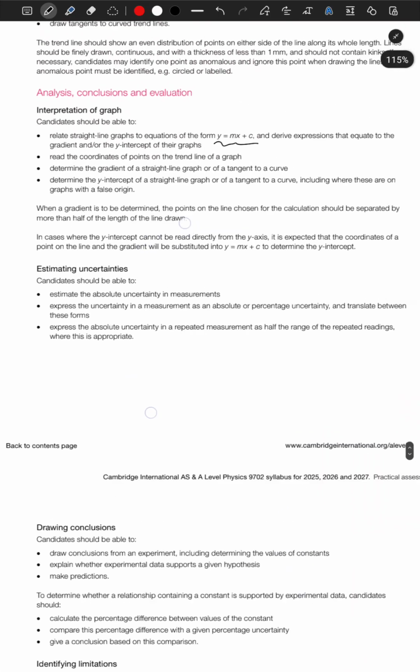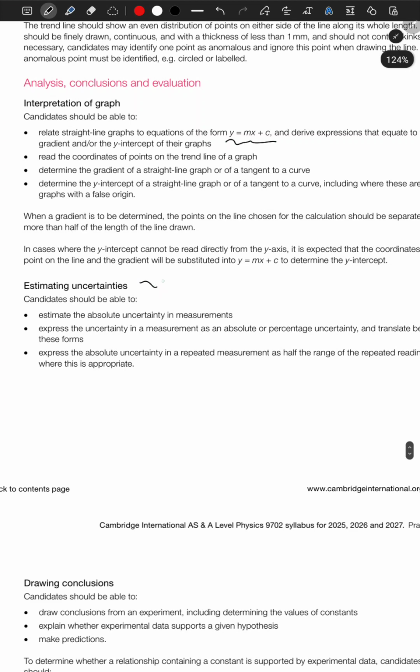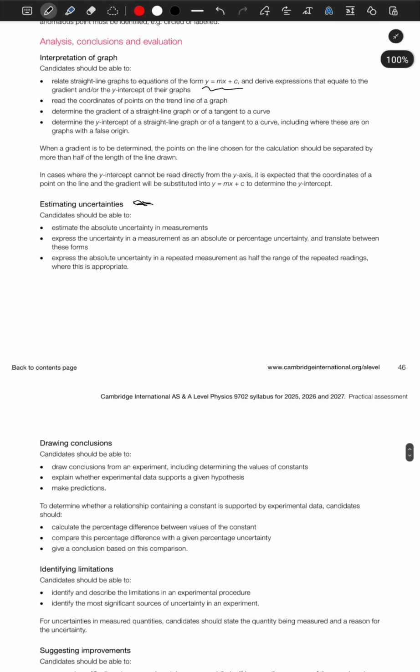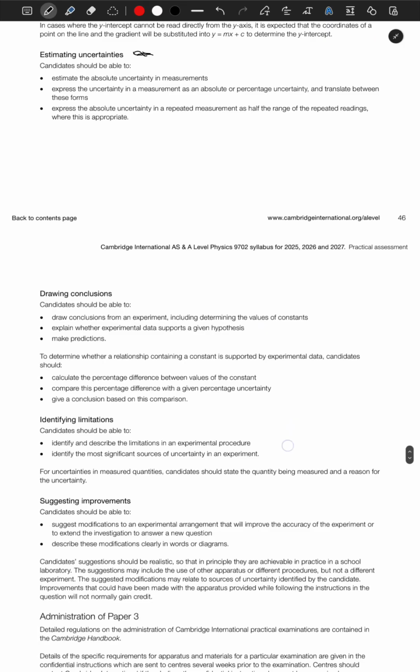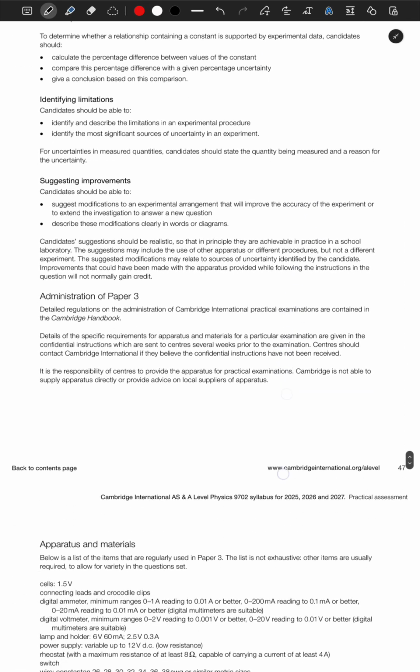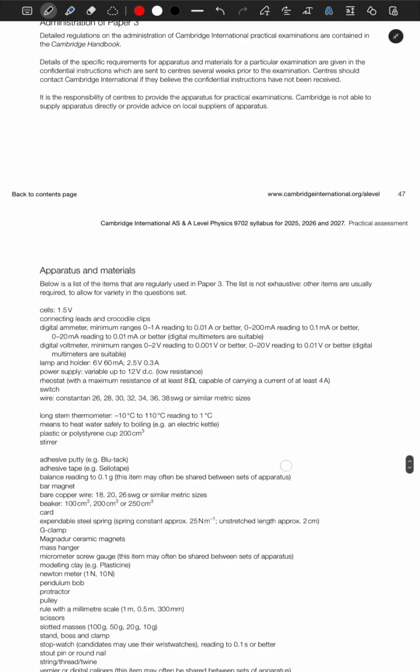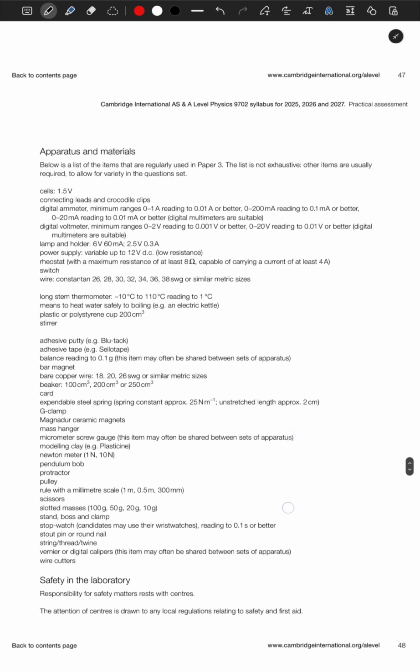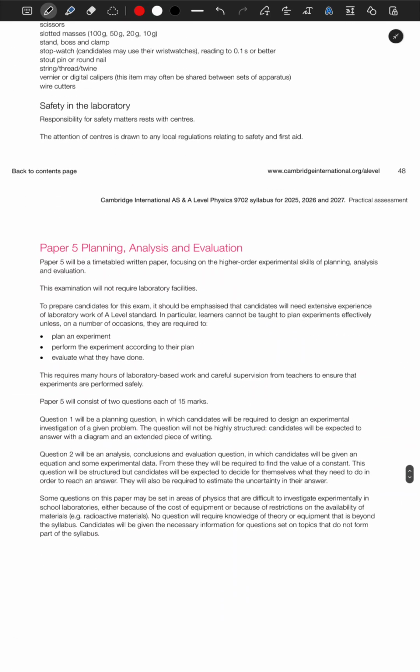And estimating uncertainties is for paper 5. In the second part of paper 5, you need to estimate uncertainties. It is very, very important for you to know. And drawing a conclusion from a graph is a hypothesis on what you have learned during the course.